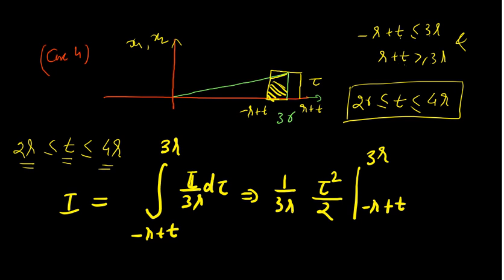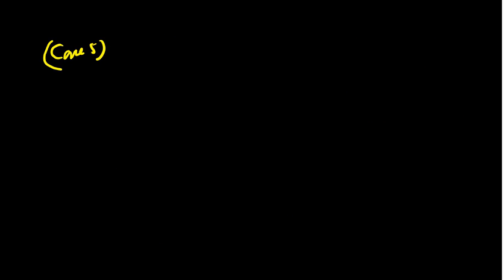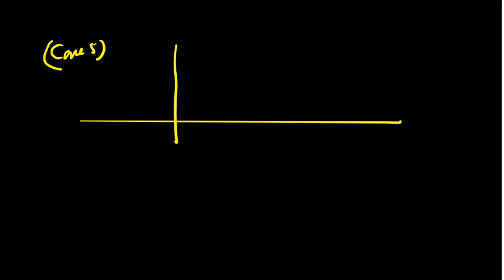The last scenario, case 5, is when you have now shifted your square pulse such that minus r plus t comes out of the triangle.